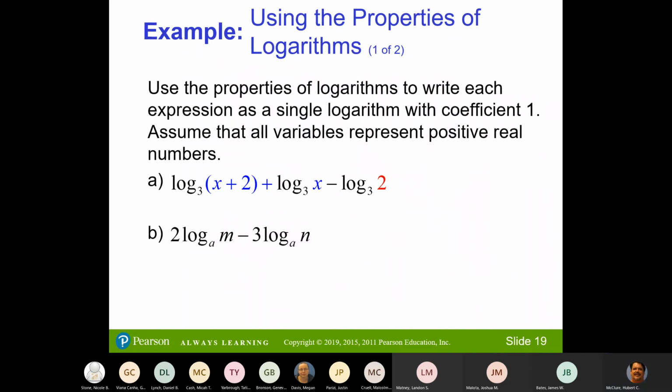Log base 3 of x plus 2 plus log base 3 of x minus log base 3 of 2. And the second one is 2 log base a of m minus 3 log base a of n.